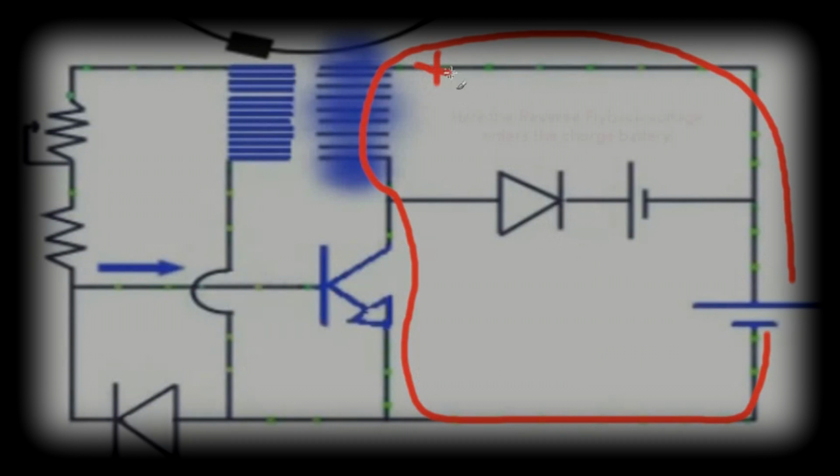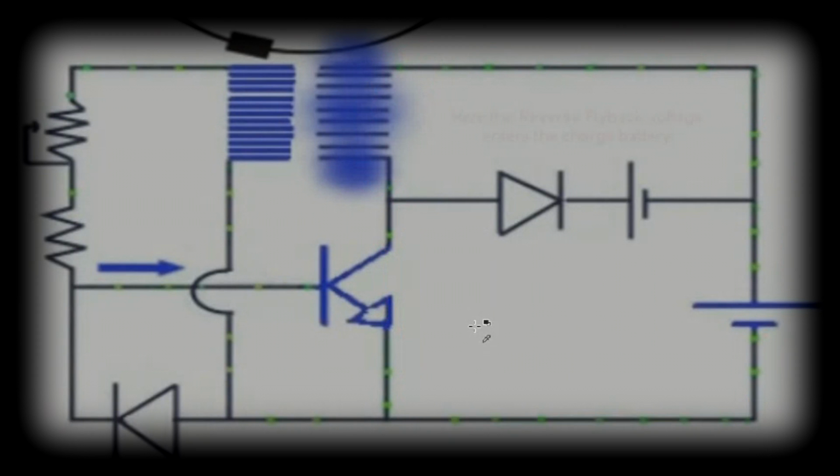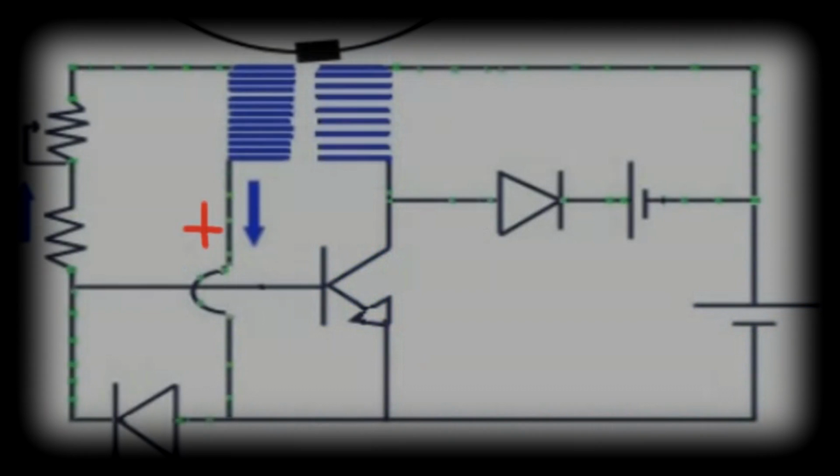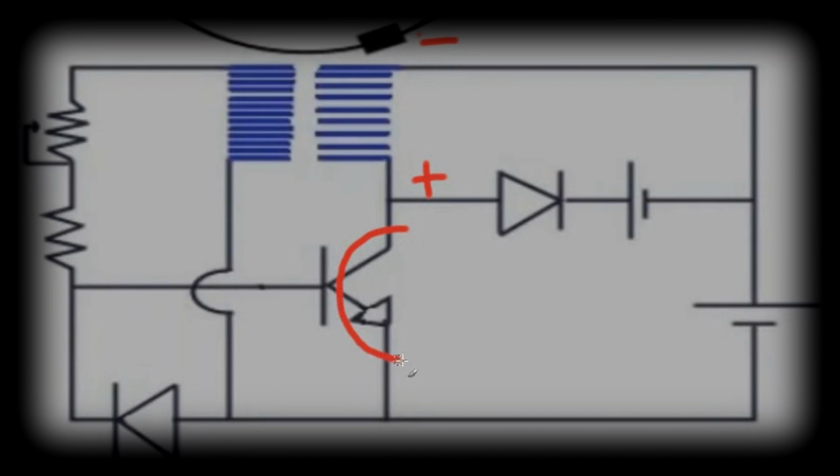And you get plus and minus here from the drive battery during charge. That means that this is closed when that happens. And after it's done charging, this becomes a minus. It flips polarity, and that becomes a positive. And this is no longer closed. It's now open.